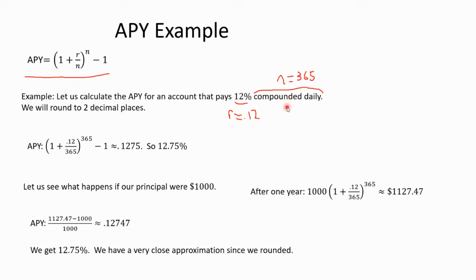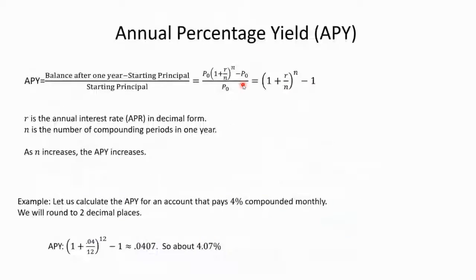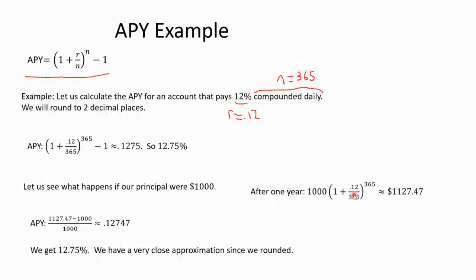Let's determine how much will be in the account after 1 year. So this is our P0. Going back to our formula, P0 is 1,000. After 1 year, so T is 1.